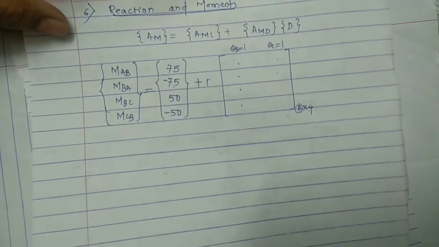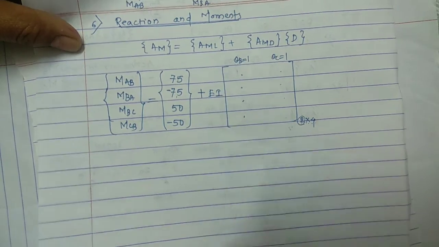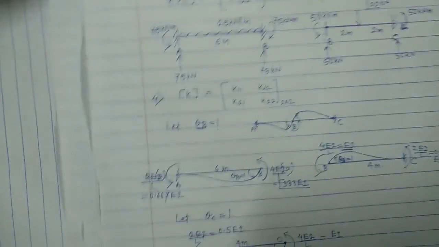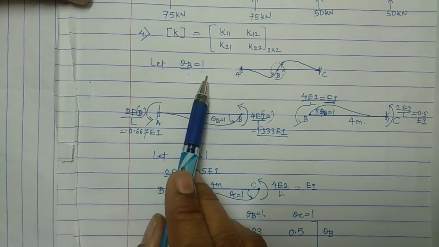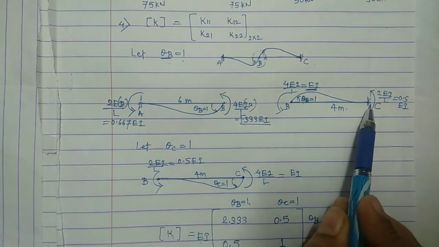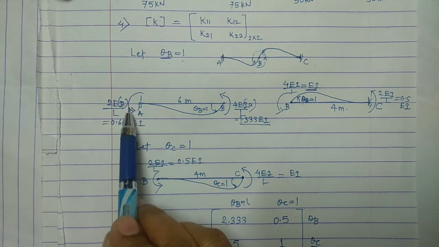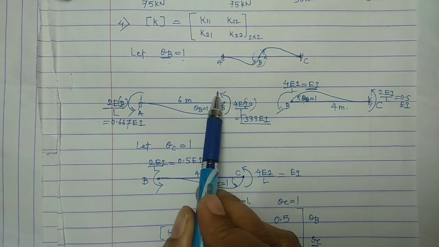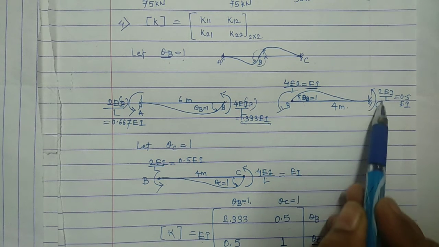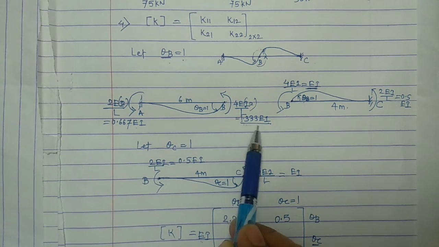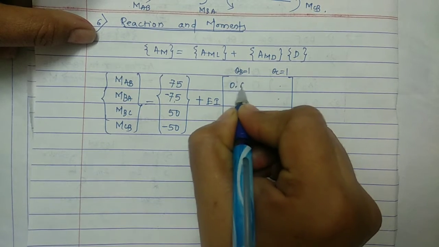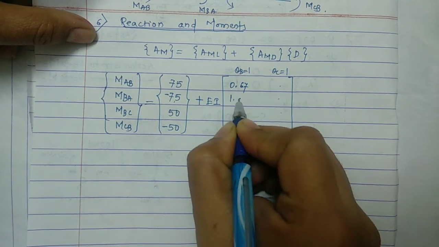EI is constant, so we will write it outside the matrix, and only the coefficients we will write here. So see here, when theta B equal to 1, AB member, BC member: this is the moment MAB, this is BA, this is BC and this is CD. AB is 0.667 and BA is 1.333. So write that down here: 0.67 and 1.33.